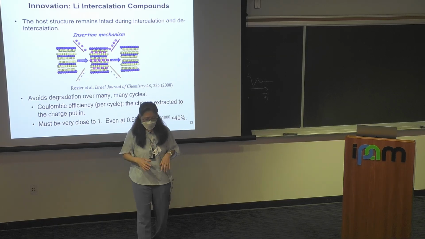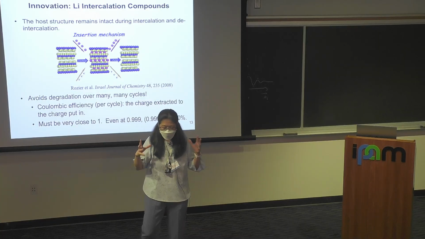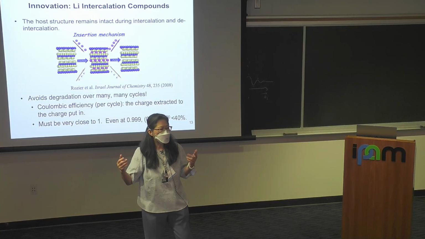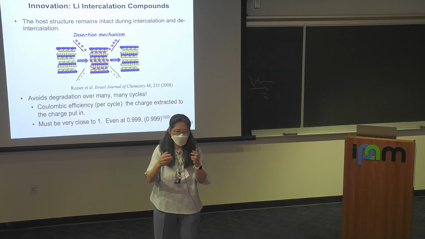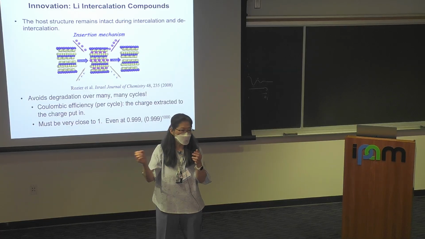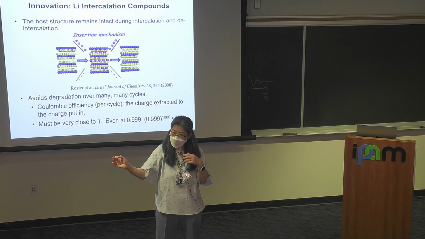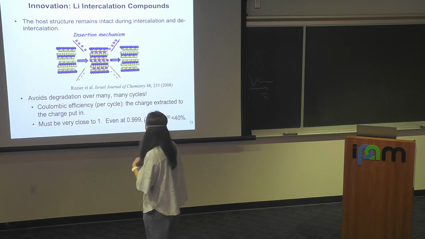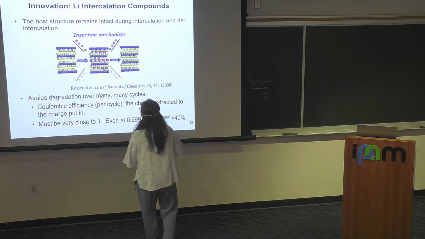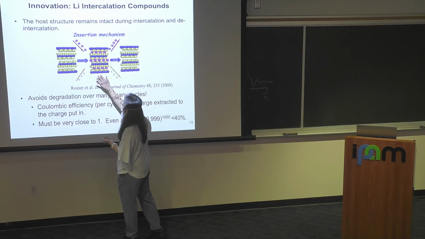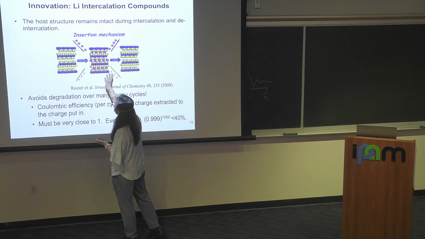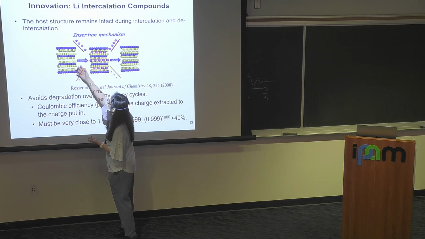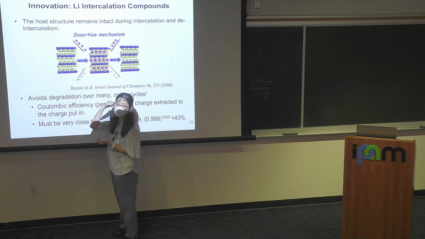Intercalation compounds have a crystal structure that has kind of a roomy area where lithium can come in and out relatively easily. When it comes in, it's only loosely bound, so you can take them out, and so you can discharge. So this is the cathode case. When it discharges, it gets lithium into it.